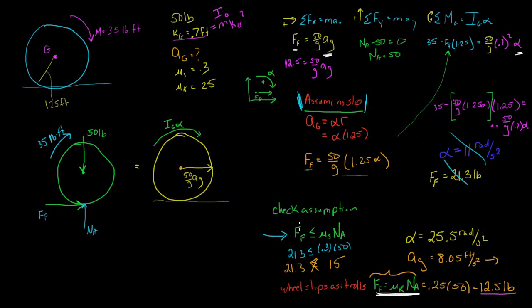And then if this assumption is not true, we want to redo our results using this expression right here, that the frictional force is equal to the coefficient of kinetic friction times the normal force. And we can resubstitute into all the equations that we have right up here to get our final answers.